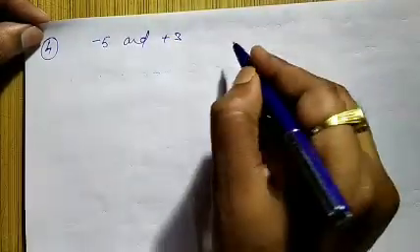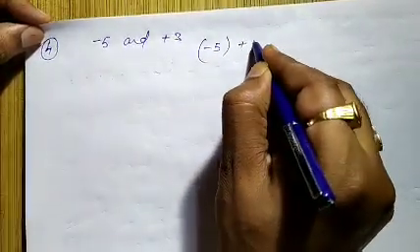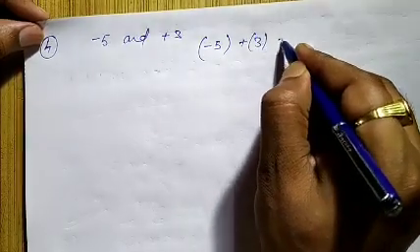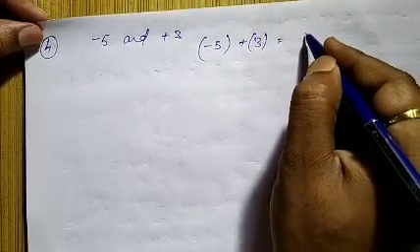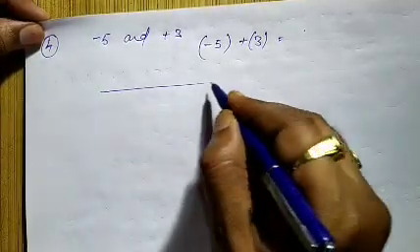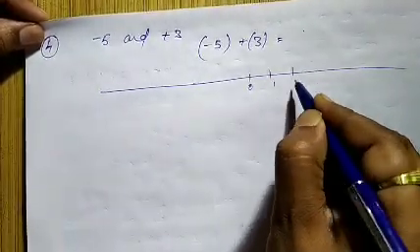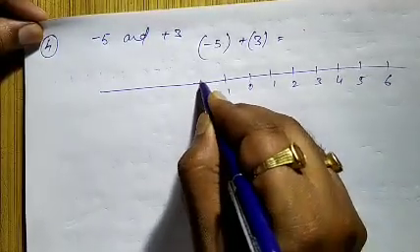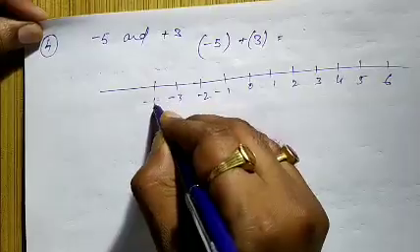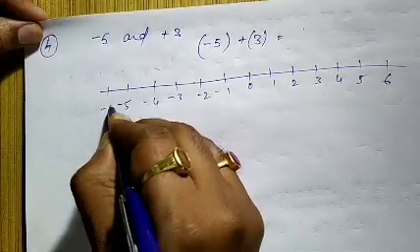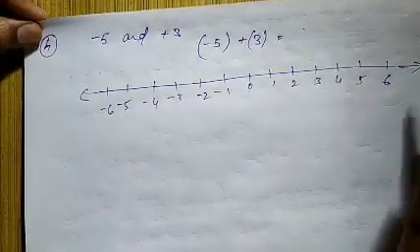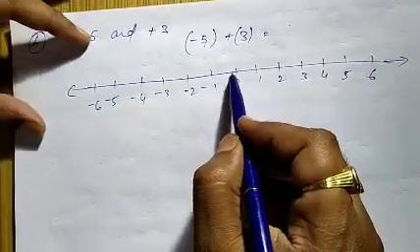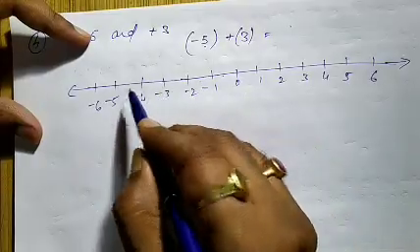See how to add -5 and +3. 0, 1, 2, 3, 4, 5, 6, -1, -2, -3, -4, -5, -6 on the number line. -5 means you have to move left side from 0. 1, 2, 3, 4 and 5.